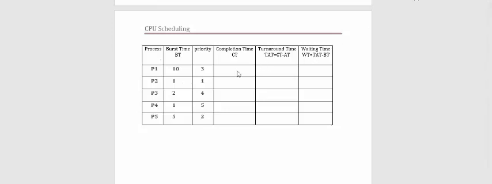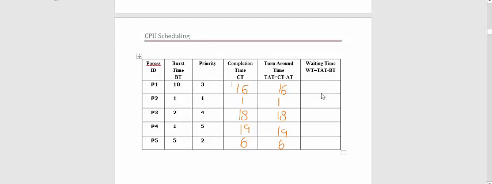From the Gantt chart, you can clearly see that the completion time of process P1 is 16, process P2 is 1, process P3 is 18, process P4 is 19 and process P5 is 6. The turnaround time will be the same as completion time because the arrival time is 0 for all the processes.